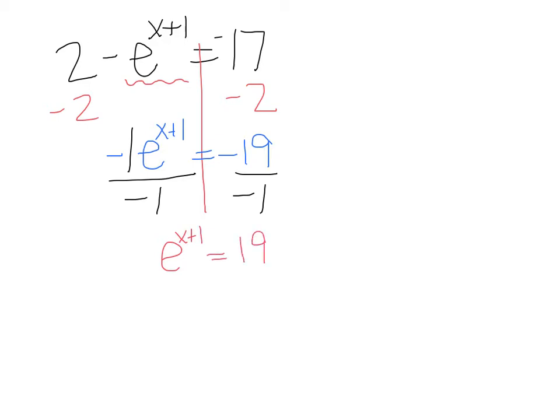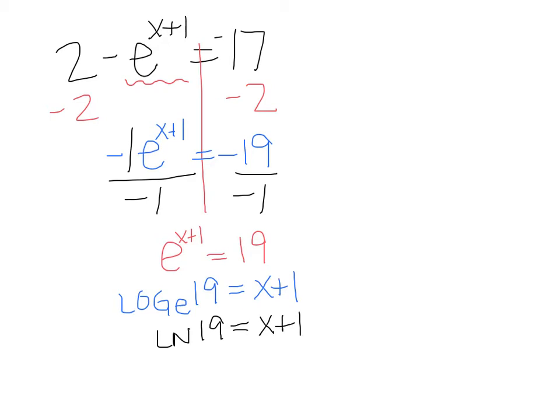Now the exponential is truly isolated, so we're ready to convert to logs. So in this case, it is going to be the log base e of 19 equals x plus 1. But we know that the log base e is just the natural log, so when we rewrite this, I'm going to say it's the natural log of 19 equals x plus 1.